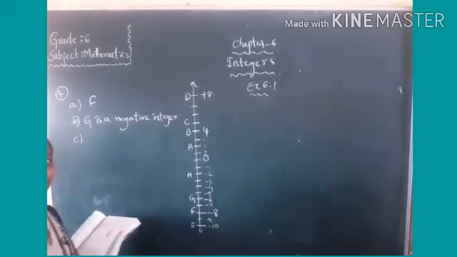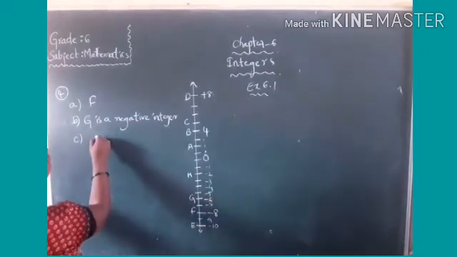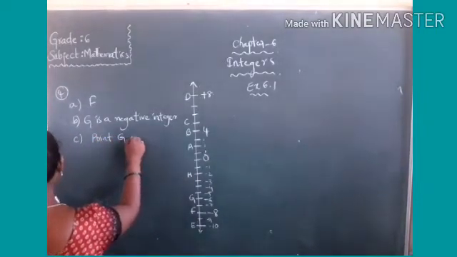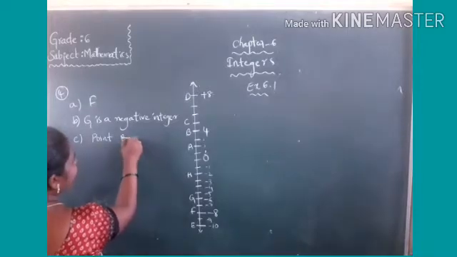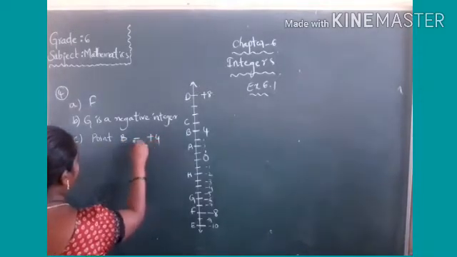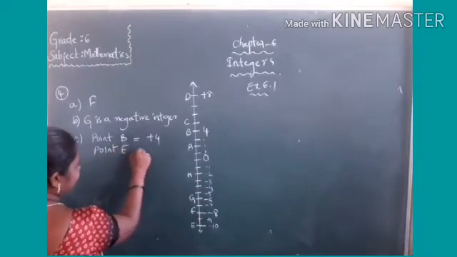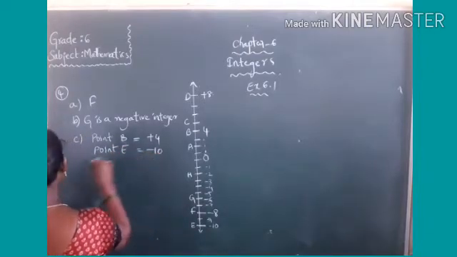What is the integer for point E? Point B is plus 4 and point E is minus 10.